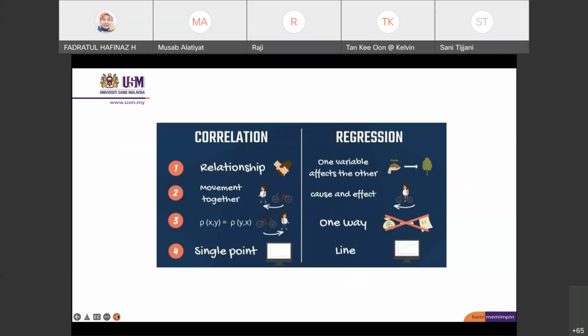Okay, here is the difference between correlation and regression. There are some key differences between these two that are quite important to understand.